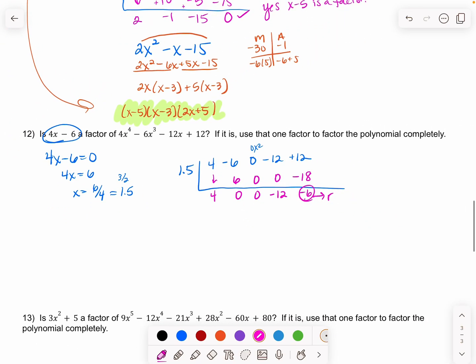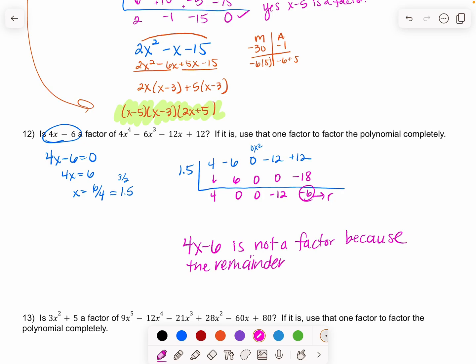Okay. All right, 4x minus 6 is not a factor because the remainder is not 0.